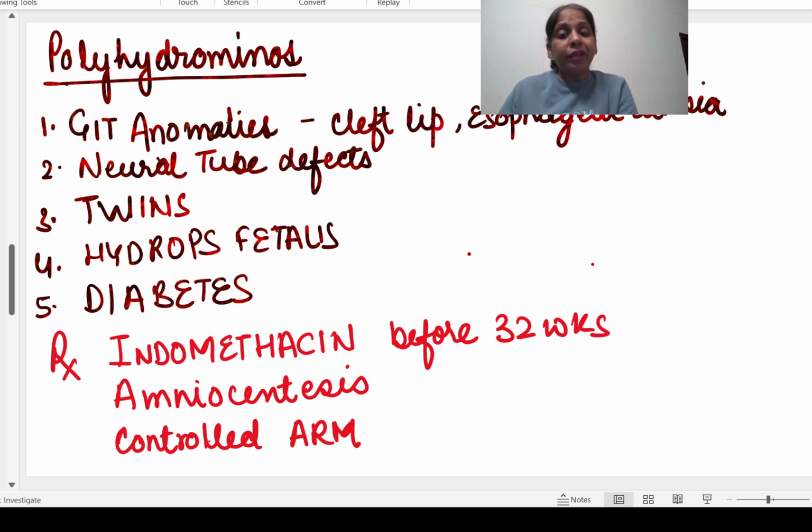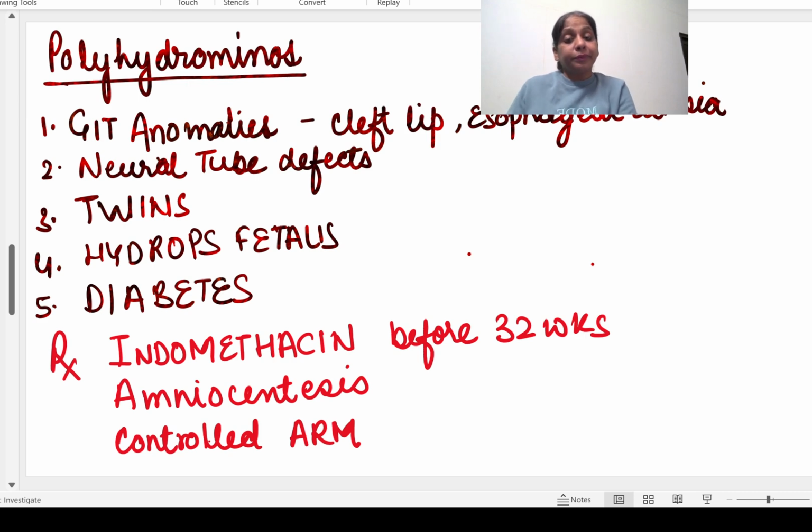So we can give indomethacin to the fetus if there is a significant polyhydramnios. 75 mg TDS, no need to learn, but it is to be given before 32 weeks. After 32 weeks, as you know, the delivery can occur any time, especially in the case of polyhydramnios, preterm deliveries occur, isn't it?